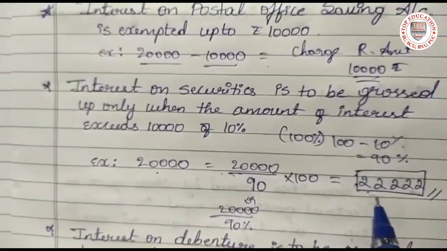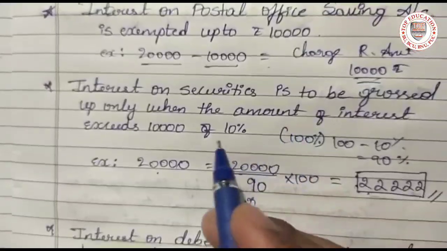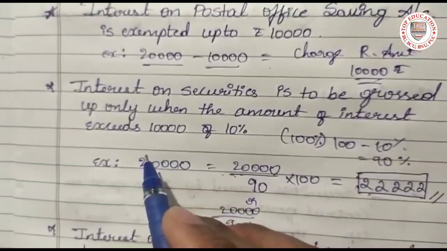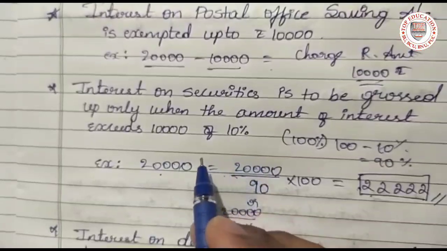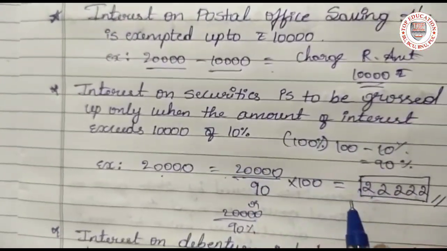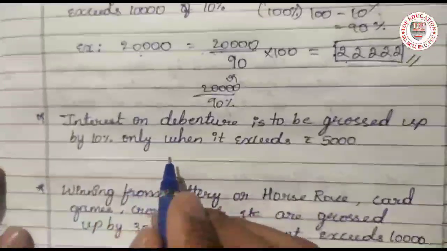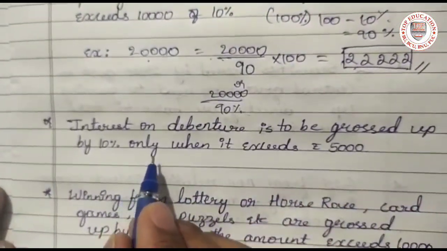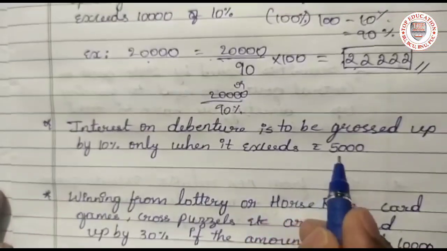For example, if they give the interest on securities as 9,000, below the 10,000, in that case, we should not do the gross up and we should take the amount 9,000 directly to the outer column. Next, the third point is interest on debenture is to be grossed up by 10% only when it exceeds rupees 5,000.